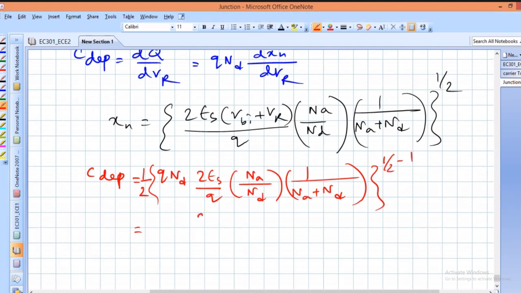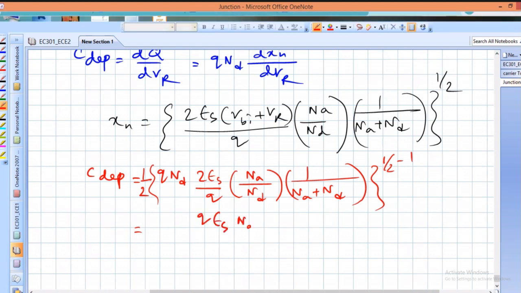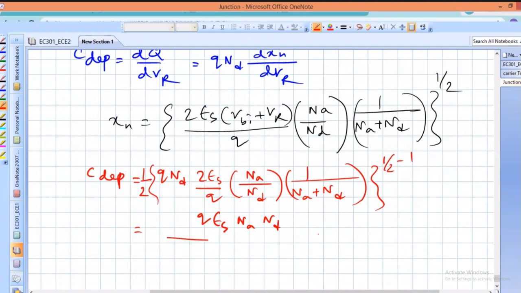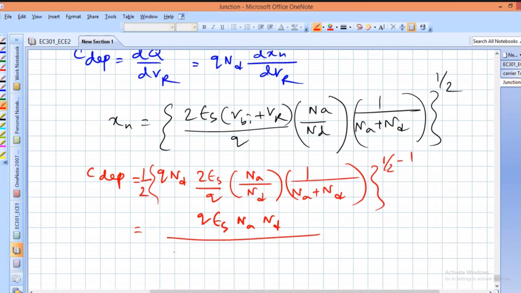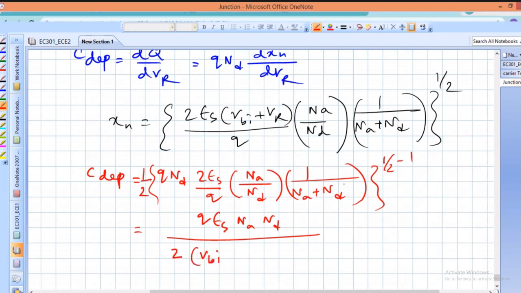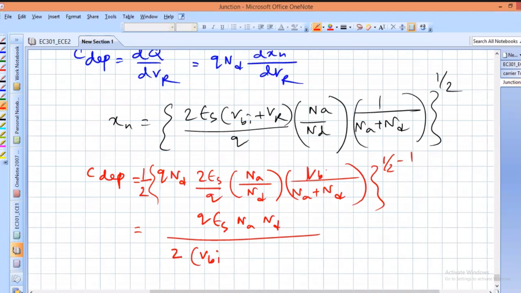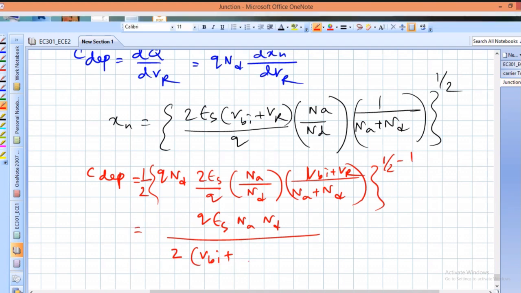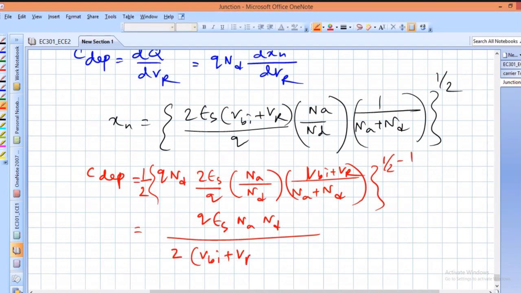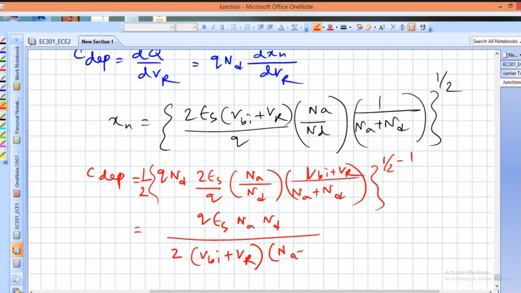So I will write this as q epsilon s Na Nd divided by 2, phi bi plus VR. Sorry, I forgot to mention here phi bi plus VR. So I should write this phi bi plus VR, d by dx of n into x to the power n minus 1, so phi bi plus VR. And this is Na plus Nd.